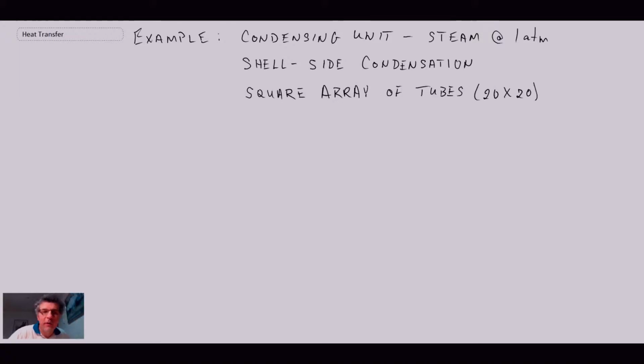There are 20 in the horizontal and 20 in the vertical. The outside diameter of the tube is 6.35 millimeters, and the length of our tube bundle, we're told, is 1 meter.